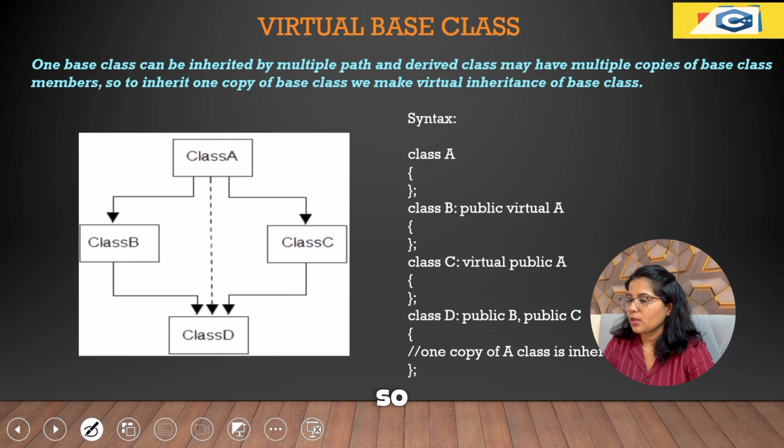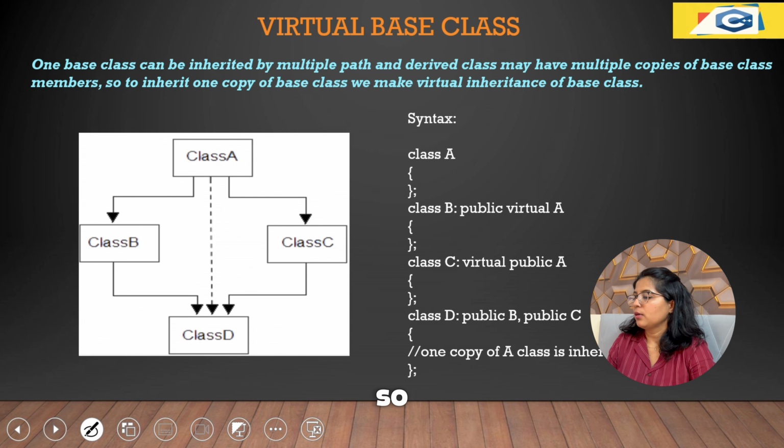So in this slide, as you can see, this image consists of 4 classes, class A, B, C and D. All the classes are connected to one another, right? So this is one of the examples of hybrid inheritance as well.